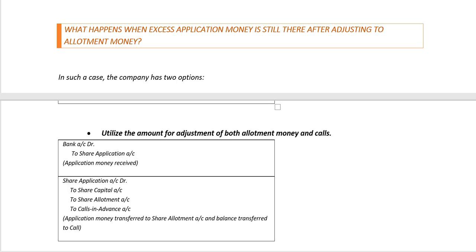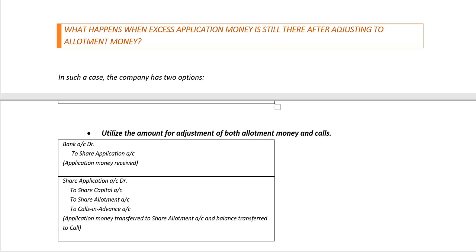So the journal entry for receipt of application money, bank account debit to share application account for the application money received, and in the second entry we will have share application account debit to share capital account, application money on the shares allotted, to share allotment account the excess application money which is transferred to share allotment account, and since there is still excess application money, it will be transferred to calls, and the account is to calls in advance account.